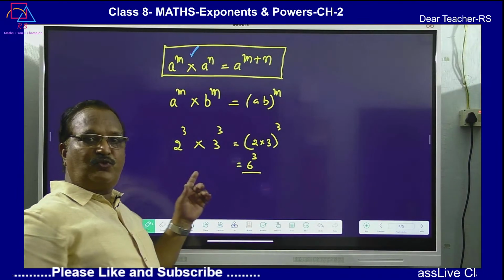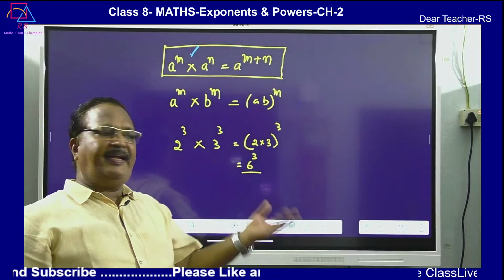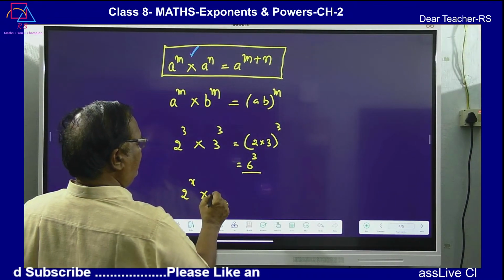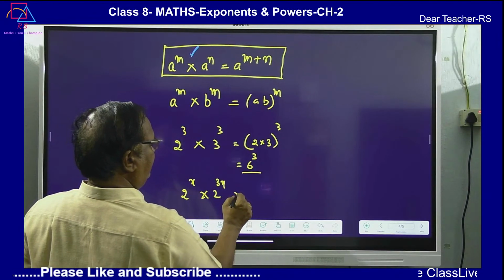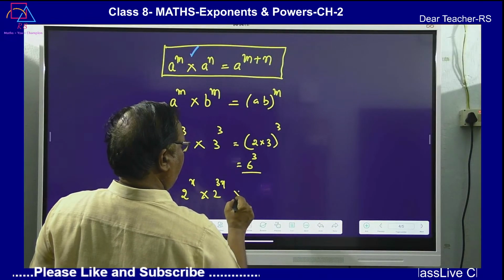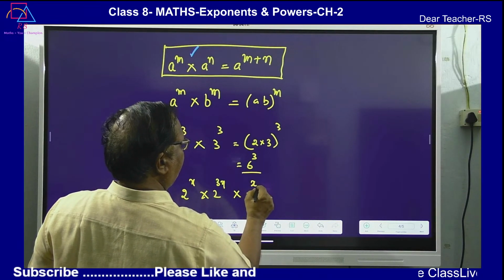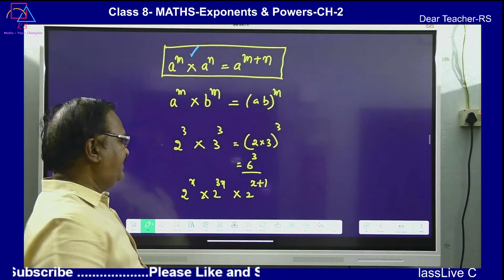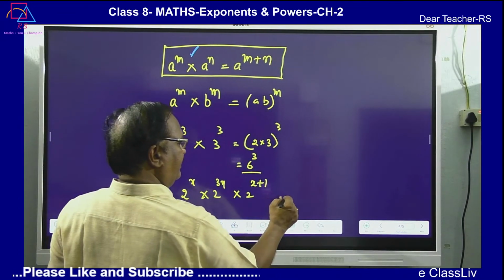It is true not only for two terms, but any number of terms. For example, 2 to the power of x into 2 to the power of 3x into 2 to the power of x plus 1. Powers can be anything. So here three numbers are there.